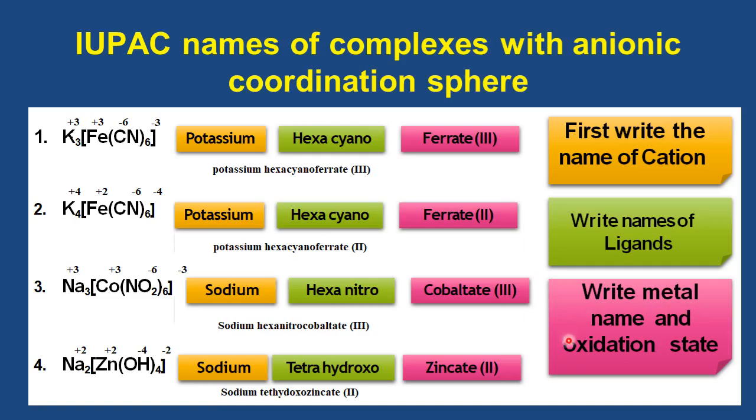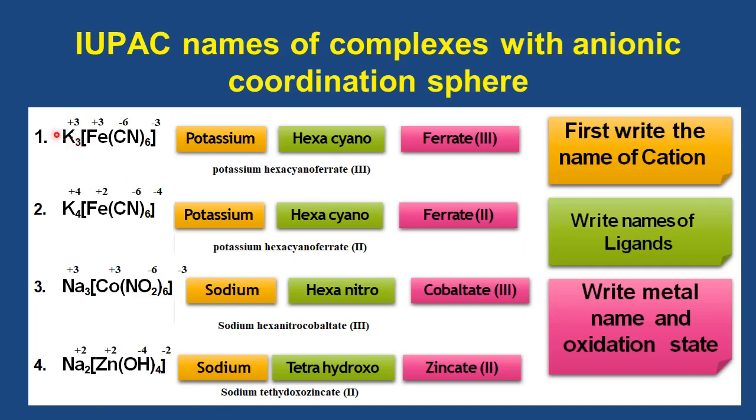So students, here is the first example. We have K3[Fe(CN)6]. First we write the name of the cation, which is potassium. Remember students that for simple ions, whether a cation or anion, we do not mention the number of that ion.